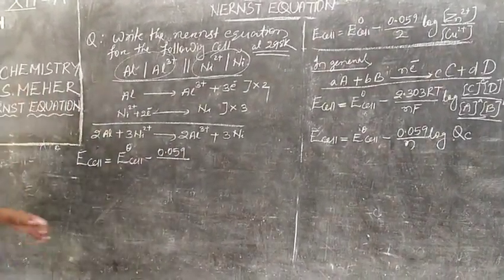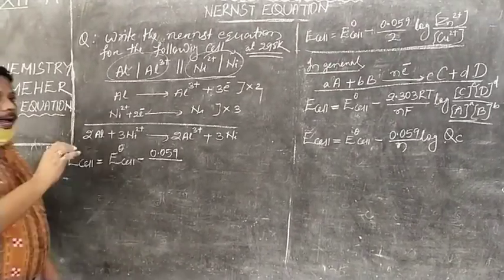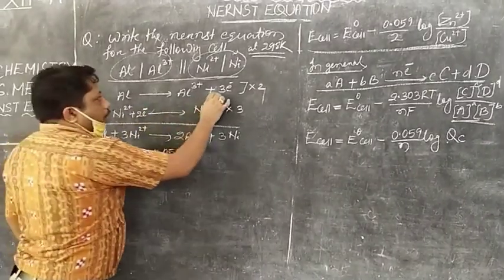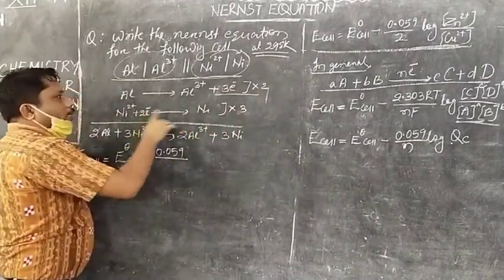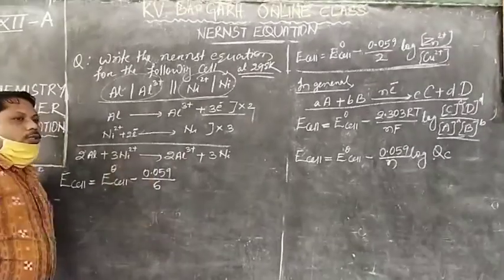What is the value of n? Here n is the number of electrons involved in each half cell. In the first half cell, how many electrons are there? 2 into 3, 6 electrons. There also, 2 into 3, 6 electrons. So n is equal to 6.